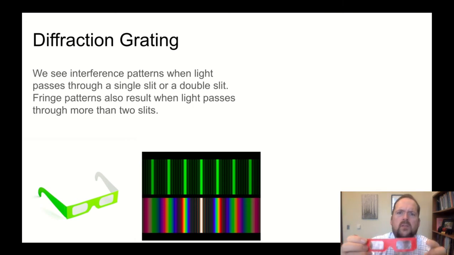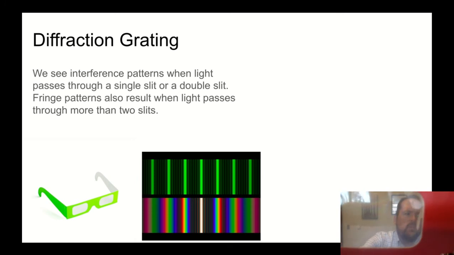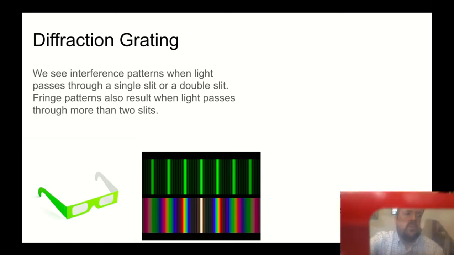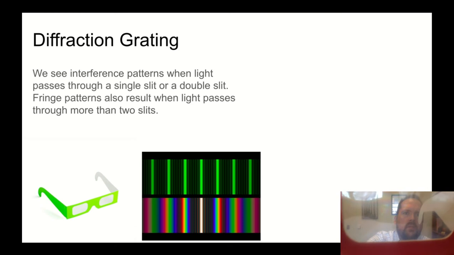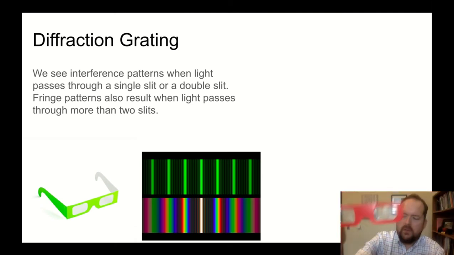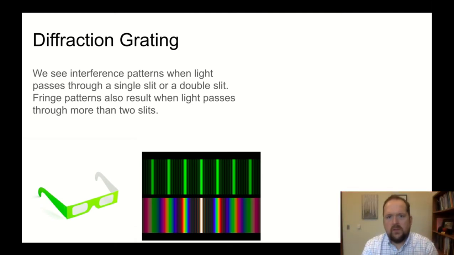But you can't actually really see those narrow slits on there. It pretty much just looks like a transparent piece of plastic to the observer, but there's a whole bunch of little slits that are etched in there actually optically. And you get this interesting effect when light passes through there.